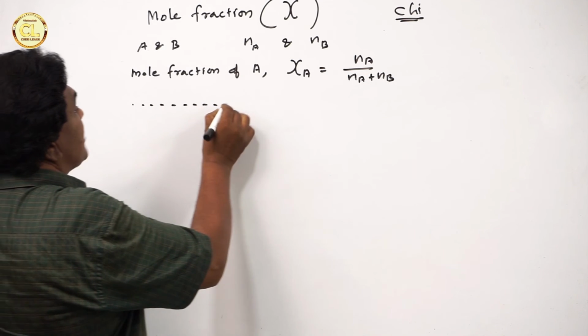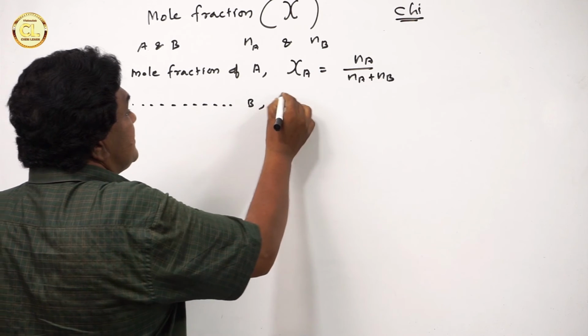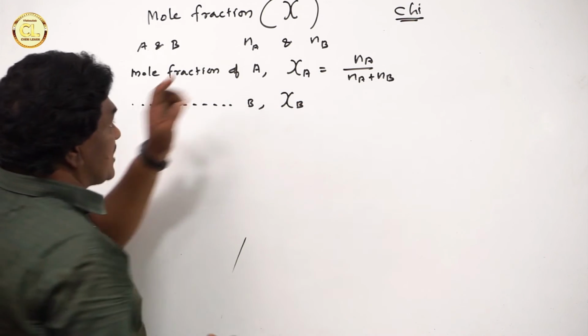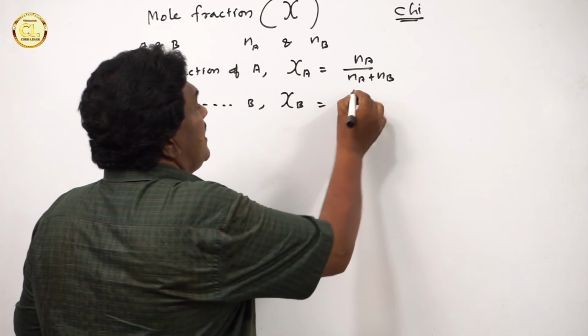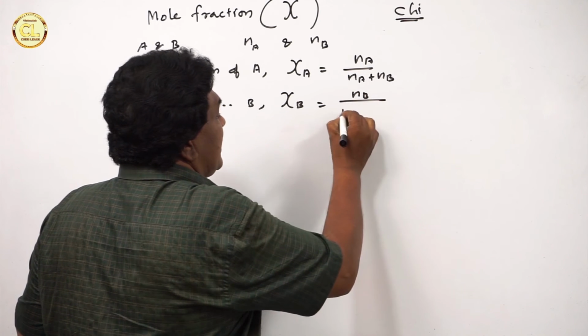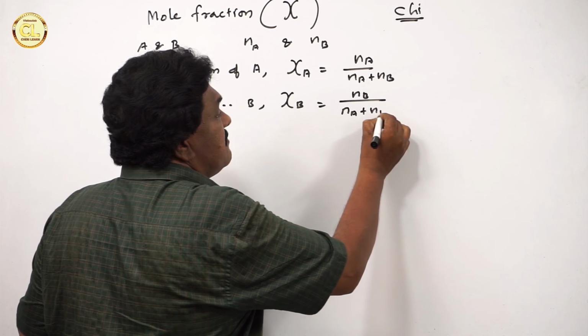Similarly, mole fraction of B, chi B, is equal to Nb by Na plus Nb.